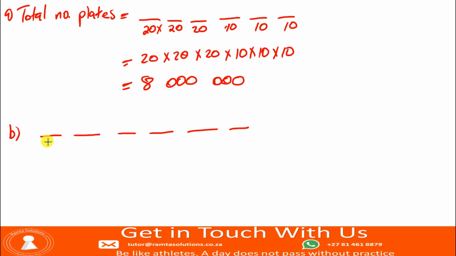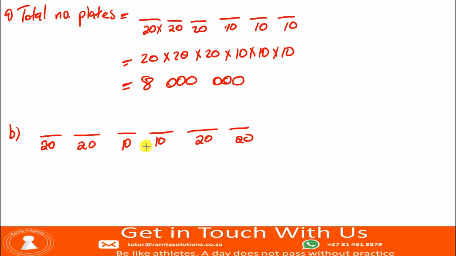For the first letters, we have 20 to choose from. We also have 20 to choose from for the second because the letters and digits are repeating. We have 10 digits to choose from. We still have 10 to choose from. And then we have 20 letters to choose from, and again, 20. Remember, LL, DD, LL.